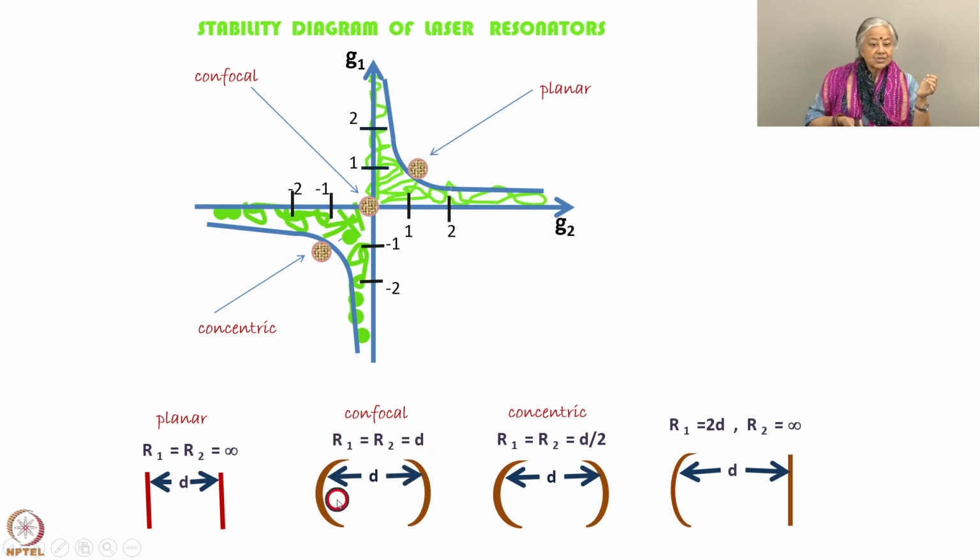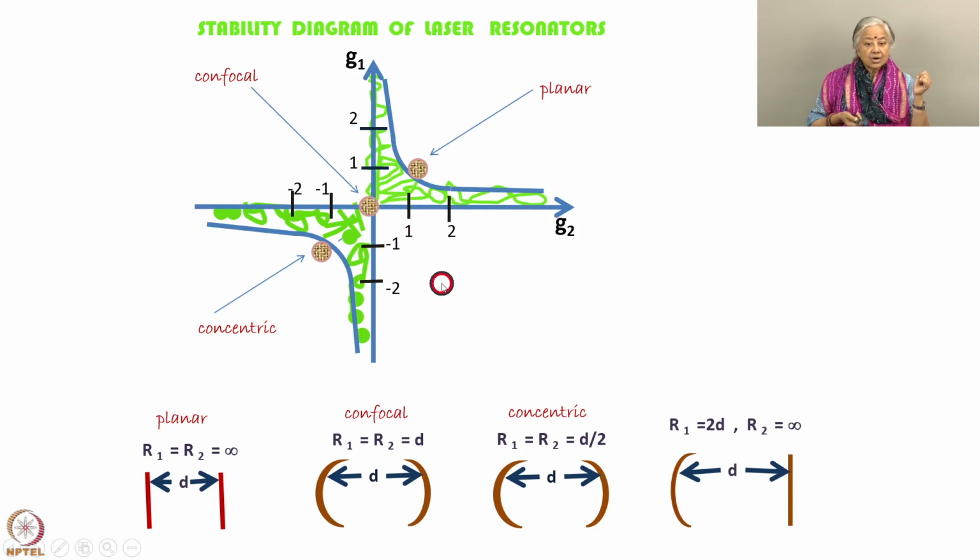So, the radius of curvature is equal to the distance between the two mirrors; that is called a confocal resonator. Again you put it in the G1 and G2 formula and you come across this point. This is also stable. It is a stable resonator.